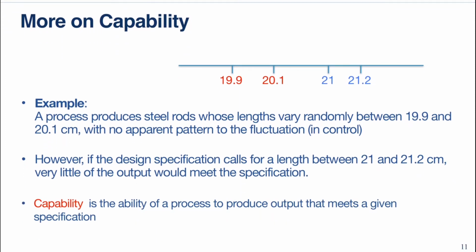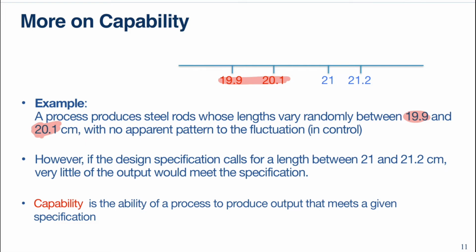Let's say that in a process we are measuring steel rods, and the length varies randomly between 19.9 and 20.1. So we are measuring and we see that the values are over there.